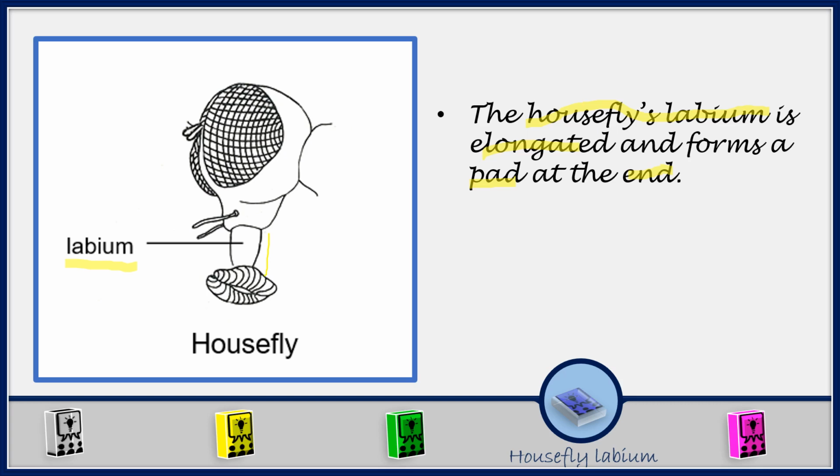It moves up and comes down, and when it comes downwards, it forms a pad. Now this pad is the one that is used to suck the food. Food passes through the pad, and then through the labium, and then it goes into the gut.